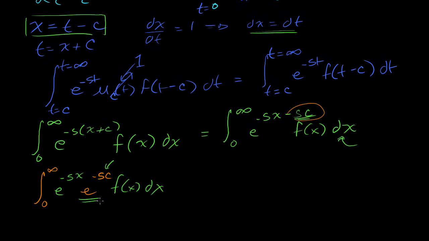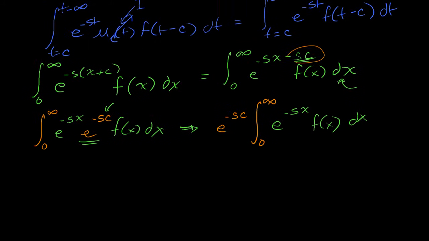This is a constant term with respect to x, so we can just factor it out. So then you get e to the minus sc times the integral from 0 to infinity of e to the minus sx times f of x dx. Now, what were we doing here the whole time? We were taking the Laplace transform.